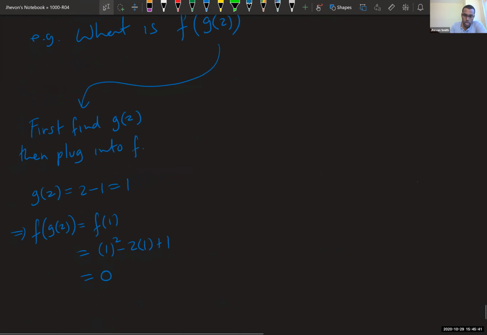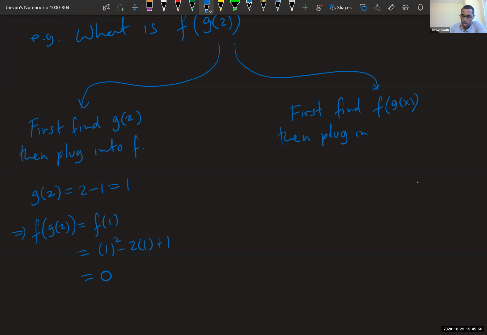You could also instead first find f of g, then plug in x equals 2. So we saw that f of g was x minus 1 all squared minus 2 times x minus 1 plus 1.